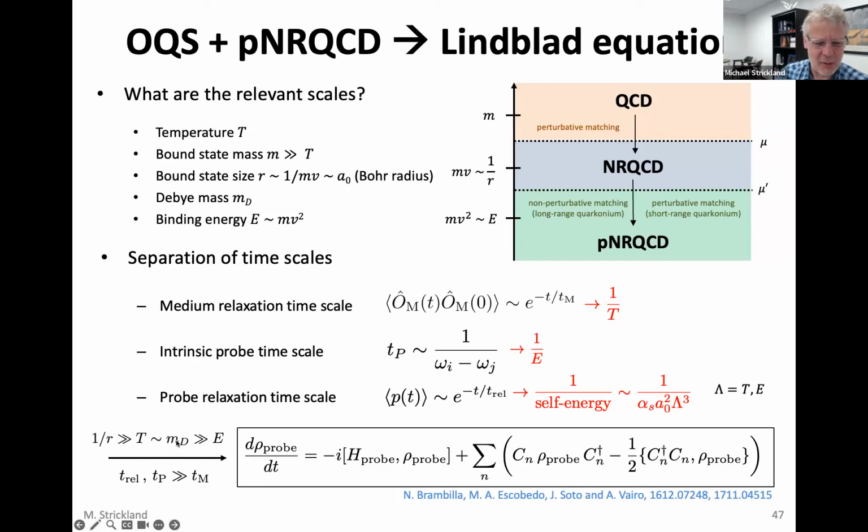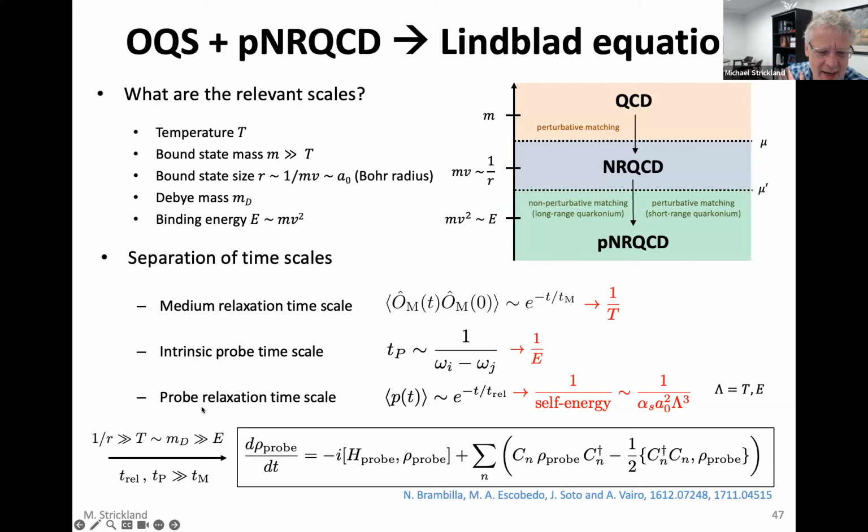These scales are not well separated in general, but they are much bigger than the binding energy. The binding energies go down as you're sitting in the quark-gluon plasma, and at these high temperatures, this hierarchy will be obeyed.